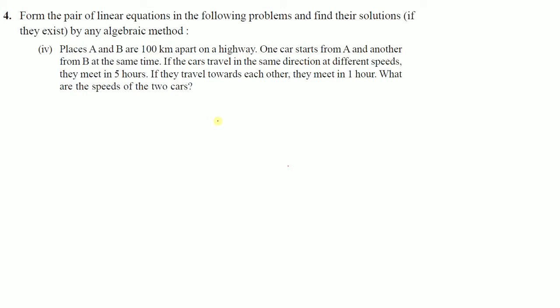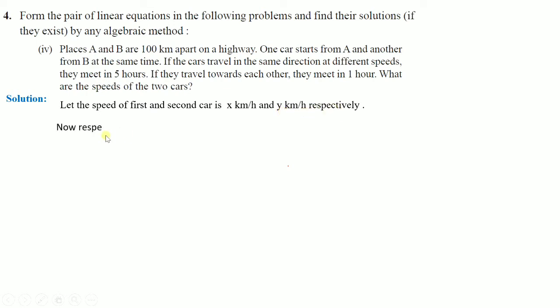That is what will be the speed of both the cars. So now we proceed towards the solution of this question. Let the speed of the first and second car be x kilometer per hour and y kilometer per hour. Let the speed of the first car, that is at point A, be x kilometer per hour, and at B the car having speed y kilometer per hour respectively.